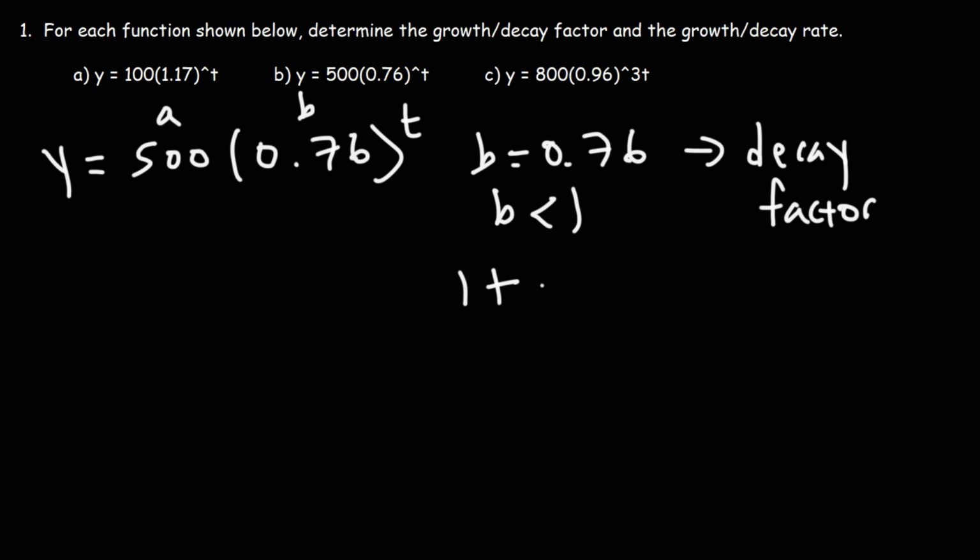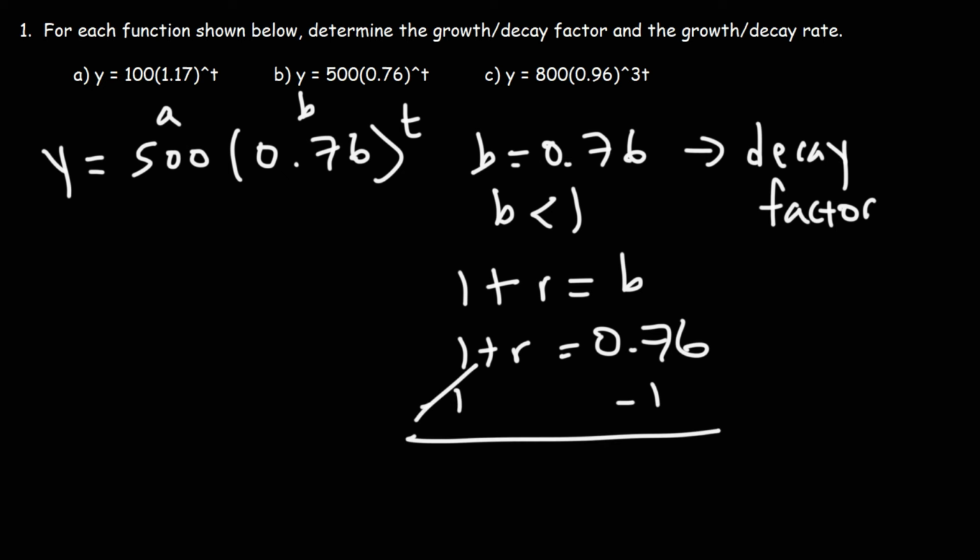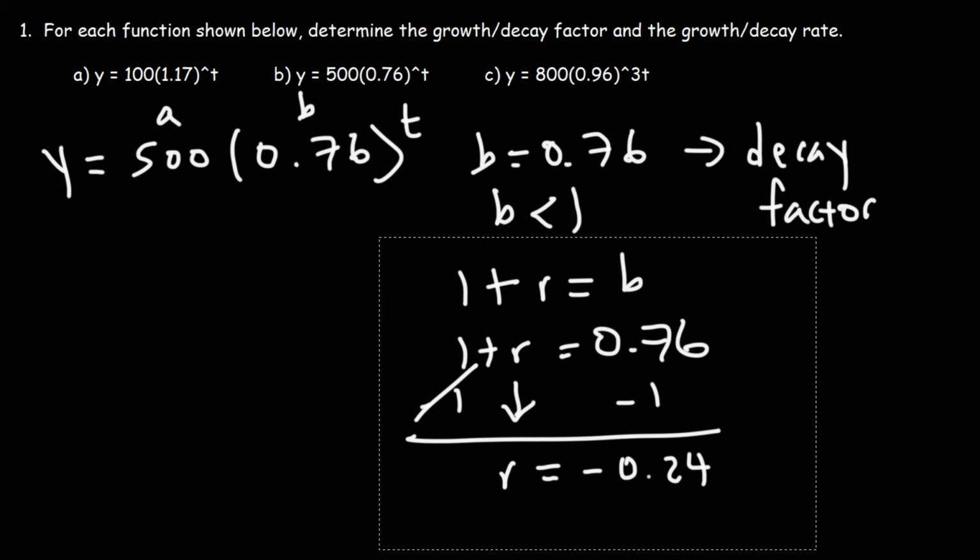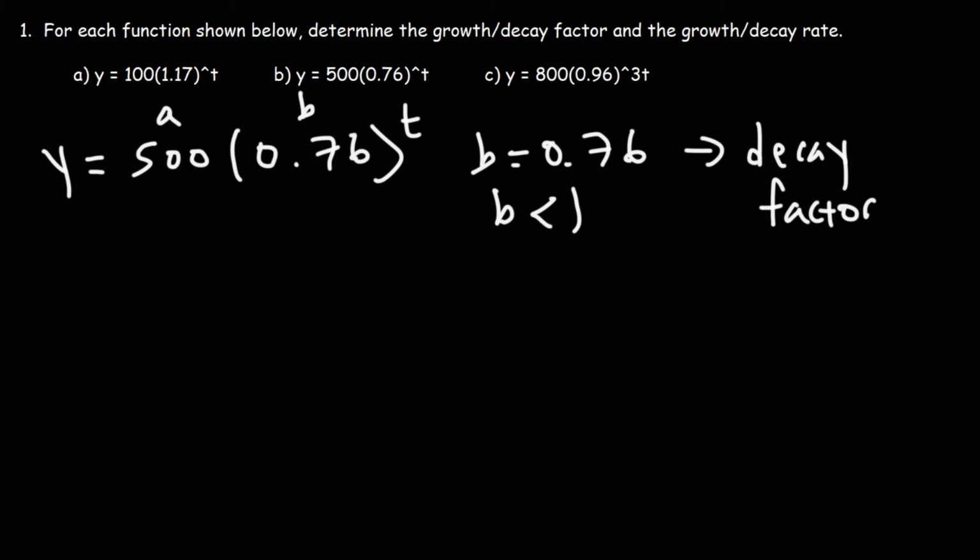Now, if we set 1 plus r equal to b, we could solve for r. Subtracting both sides by 1, we get that r is 0.76 minus 1, or negative 0.24. So since r is negative 0.24, that means that r is less than 0, which helps us to see that we're dealing with exponential decay.